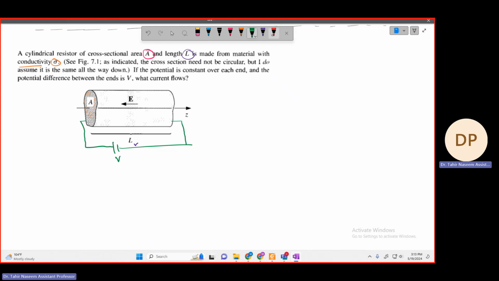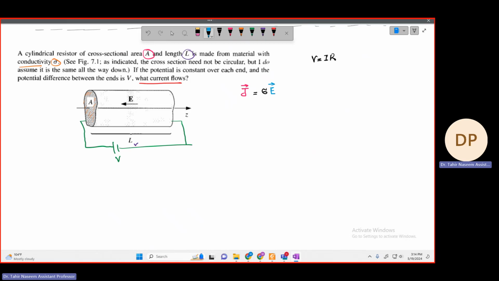So what do we need to find? What current flows? So we need to find I. Let's write both forms of Ohm's law. We can write V is equal to I R, and then the other form, J is equal to sigma, and in this case, let's write E. So we need to find current, right?